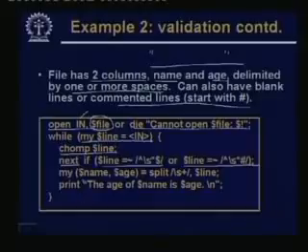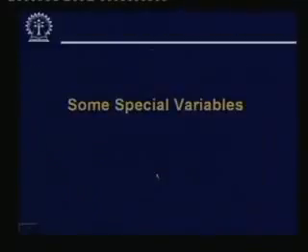Otherwise, you take this name and age and split them with respect to space. It can be one or more spaces, that is why you are giving plus, from $line. Then you can print a report, the age of name is age, so that by looking at the printed report you can check whether you have entered the data correctly or not.